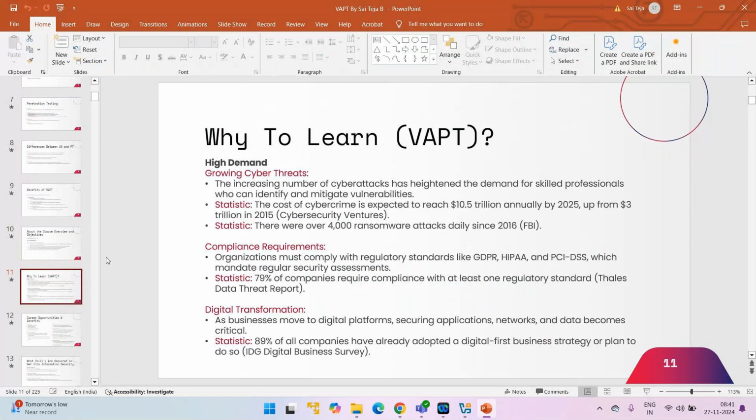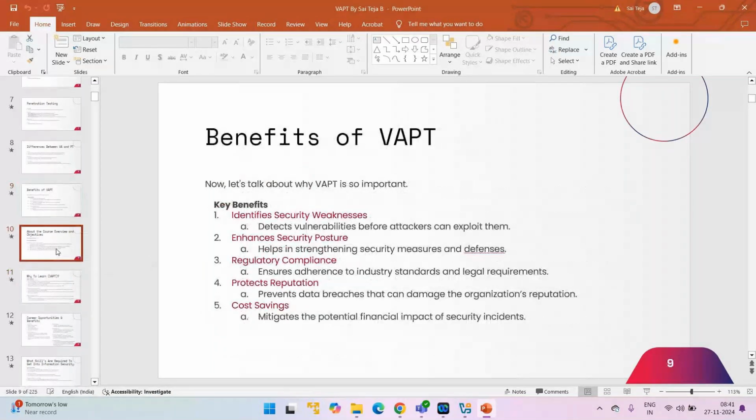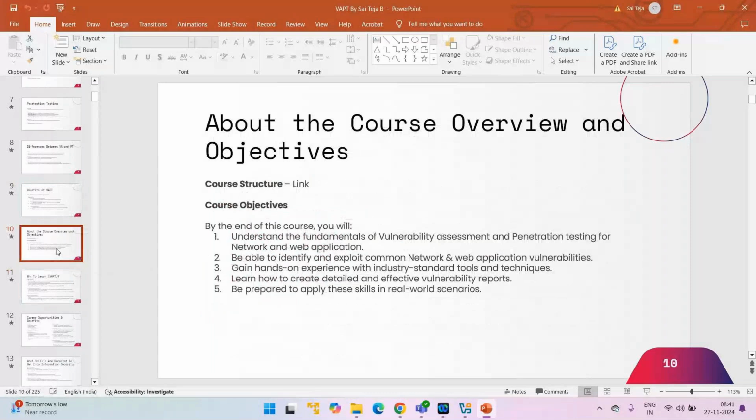What is VAPT? How is it going to benefit the organization, and what are you going to get once you complete this course? You will be learning how to perform vulnerability assessment and penetration testing for network and also web application.